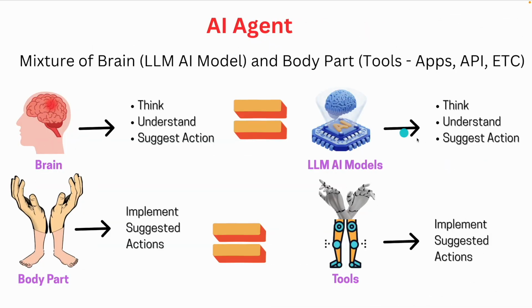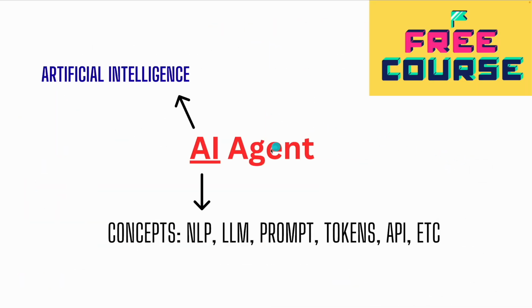Learning about AI agent. Now, if we first talk about AI, if you know or if you don't know, AI means artificial intelligence. That is the full form of AI.